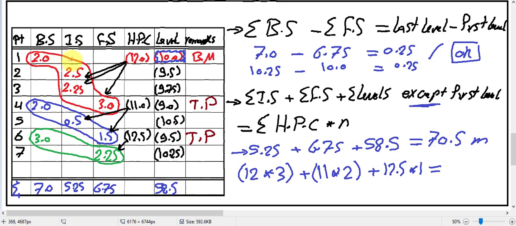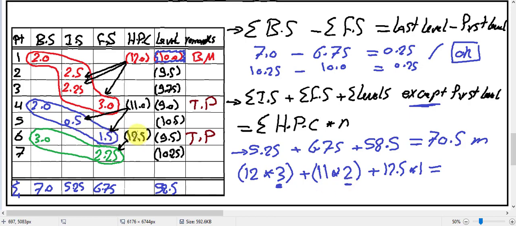And to make it easy for you, the number of uses equals the number of readings minus 1. So the number of uses of this HBC is the number of readings, 1, 2, 3, 4, minus 1, so it's 3. The number of uses for this HBC is the number of readings for this setup, 1, 2, 3, minus 1, which is 2.